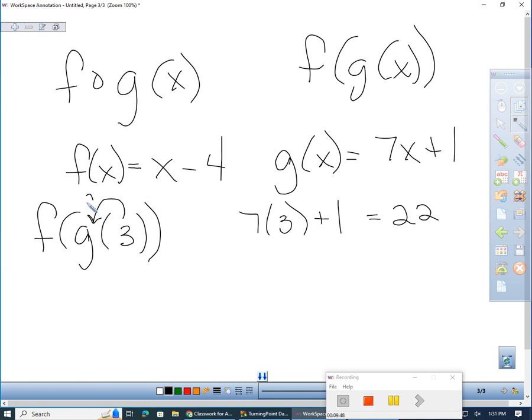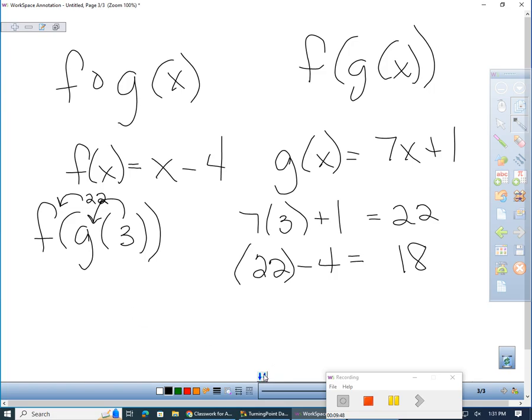Then I take that 22 and I have to put it into my f equation. So then I have 22 minus 4 equals 18. Do you remember doing this last year? Okay, good. So then, whether it's written in this notation or this notation, you have a couple of them where you have numbers to do it. Okay?